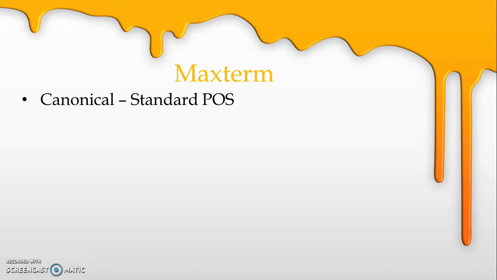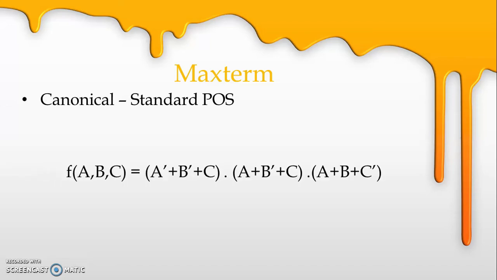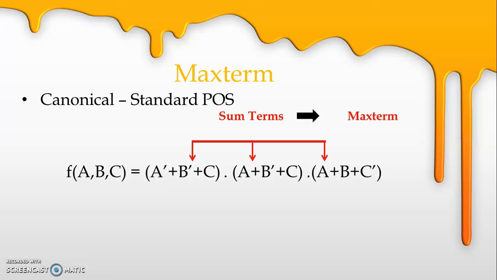Now suppose we take one standard canonical product of sums form. We have f of abc equal to (a bar plus b bar plus c) dot (a plus b bar plus c) dot (a plus b plus c bar). These are all sum terms, and they are known as maxterms.